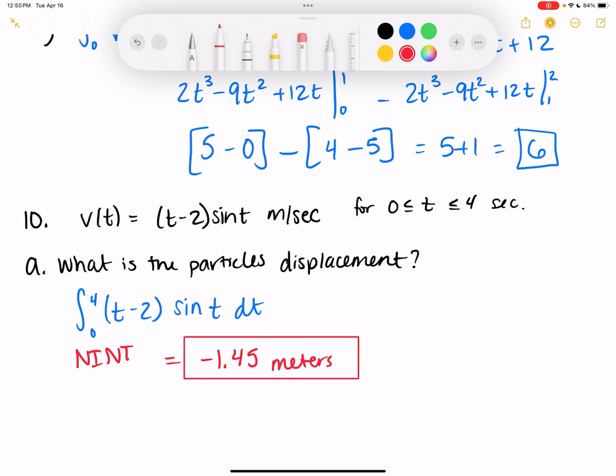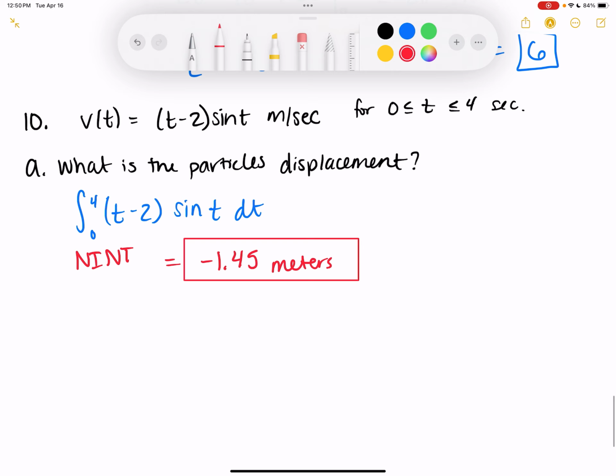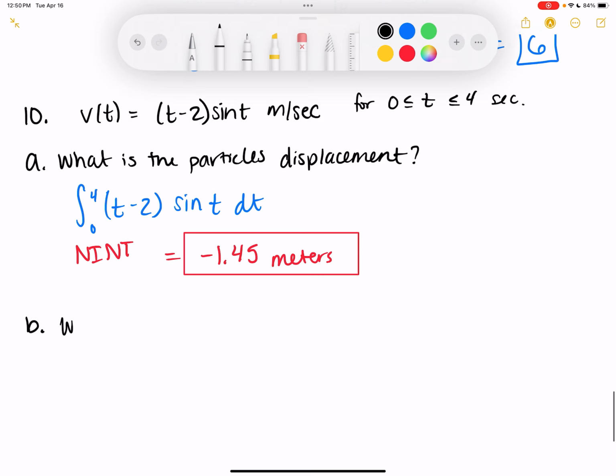Now I have to look at part 2 and make sure that part 2 we can actually do. Part 2 says, what is the total distance traveled? Now I'm trying to make sure we can actually do this.